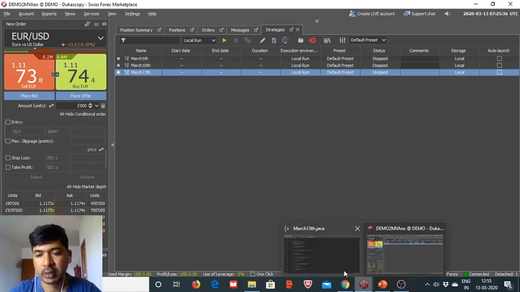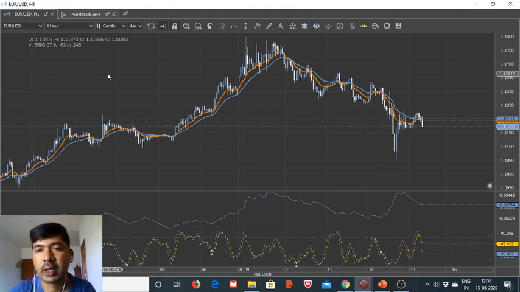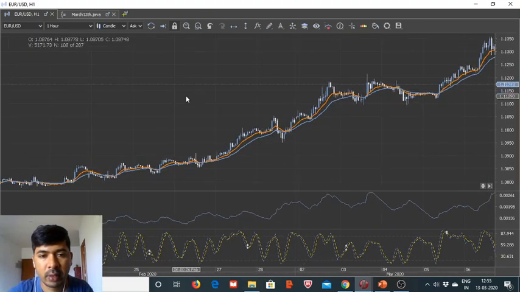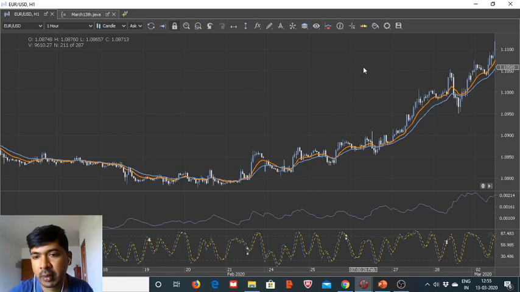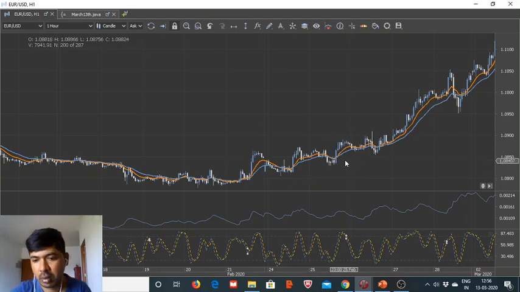And let us go back in the charting section to see if I can get any example where our algorithm would have looked for a buy trade. And I think maybe somewhere here. Yes, it should have looked for any kind of buy trade around 26th of February.